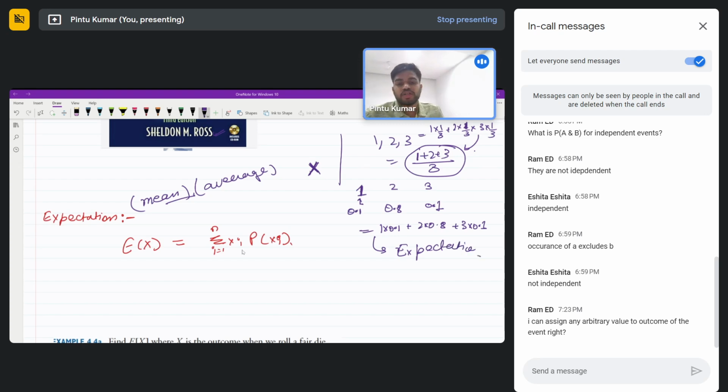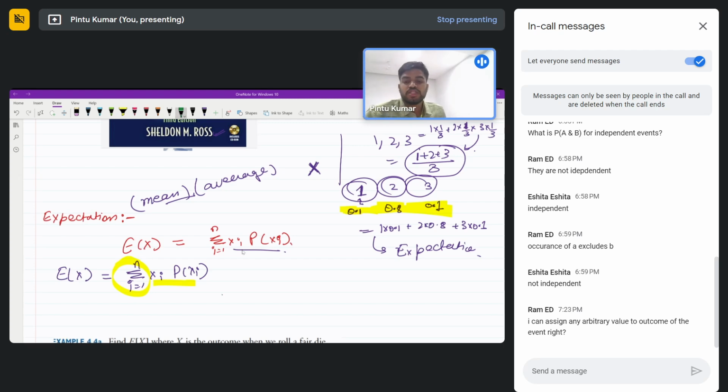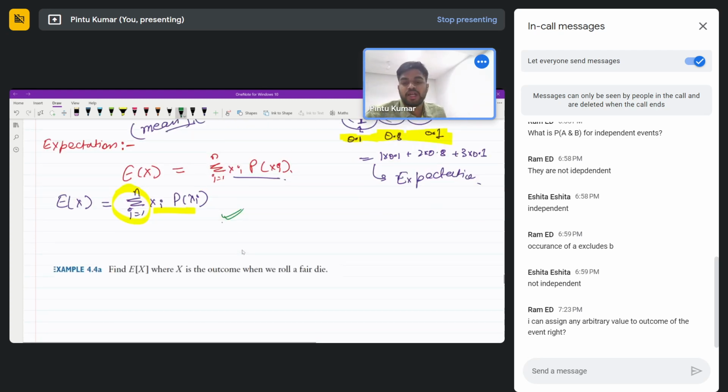So this is what is written here mathematically: the expectation of a random variable is nothing but the sum of xi into probability of xi. So this was the xi, and the second row was the probability of xi, that is the chance of its occurrence, and we sum it up.